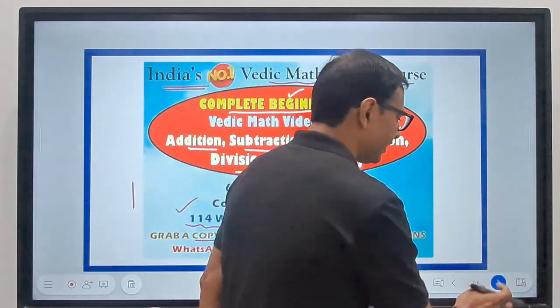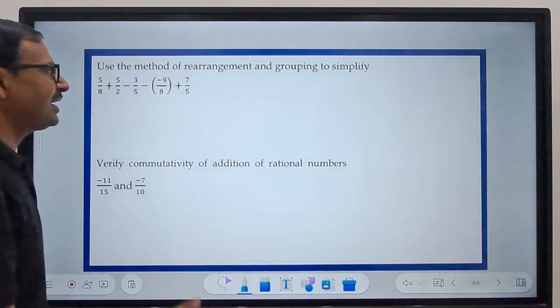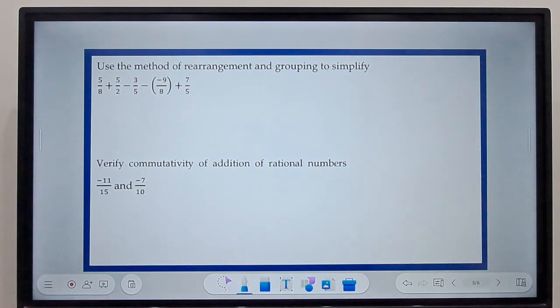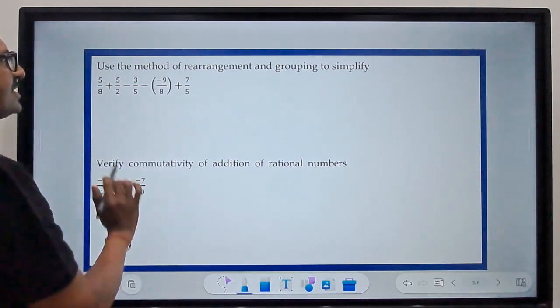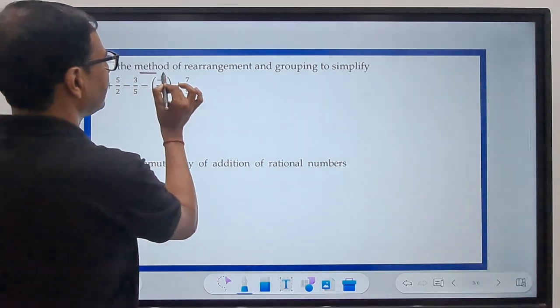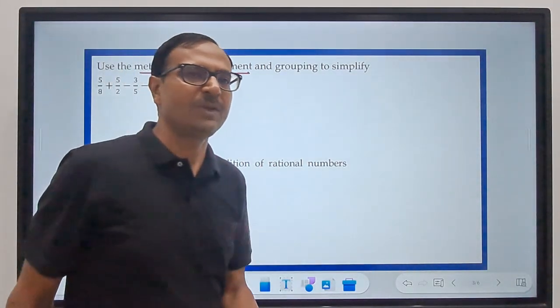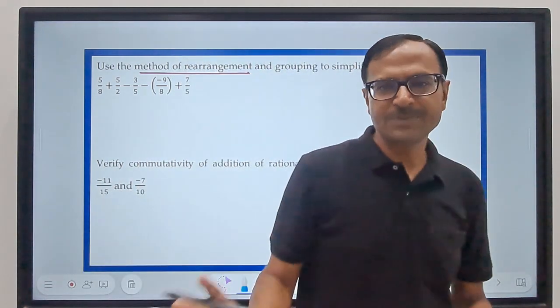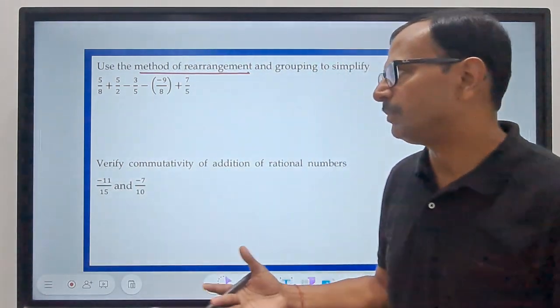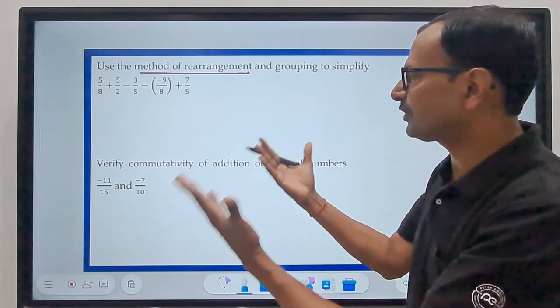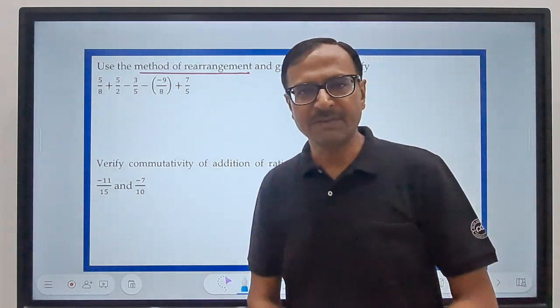Let's see the concept in hand now. Here we have some questions written here, and you can see there are 5 fractions here, and we need to use the method of rearrangement. Very important that you realize, sometimes the students don't observe these things, and they land up spending too much of time in adding and subtracting fractions.